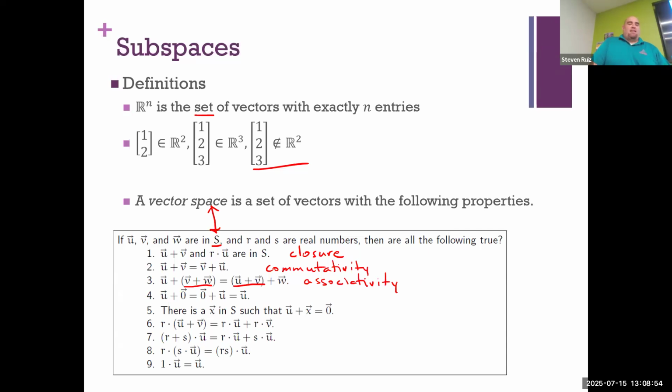So I'm not going to go through all 9 of these one by one, just to say that a lot of these things about vector spaces, we take for granted with real numbers as well. If I add a 0 vector to a vector, what do I get back? Whatever I added to the 0 vector. It should have no effect. If I multiply 1 by a vector, what should I get? Whatever that vector is.